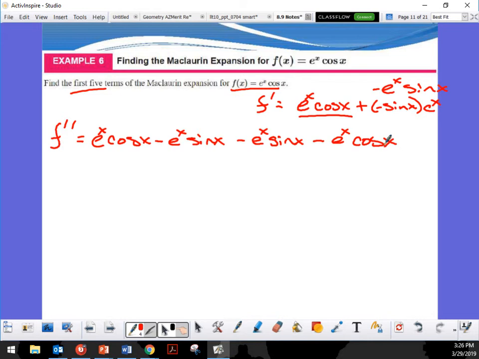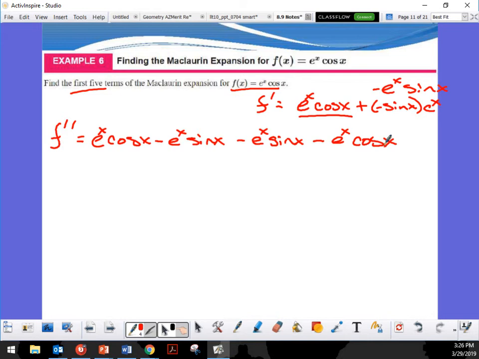So then we get e to the x cosine x and e to the x cosine x cancel because it's minus. Then it becomes minus 2 e to the x sin x. Okay, so now what do we get? Negative 2. Oh, okay, because we have this right here, and then I have a minus sign here.